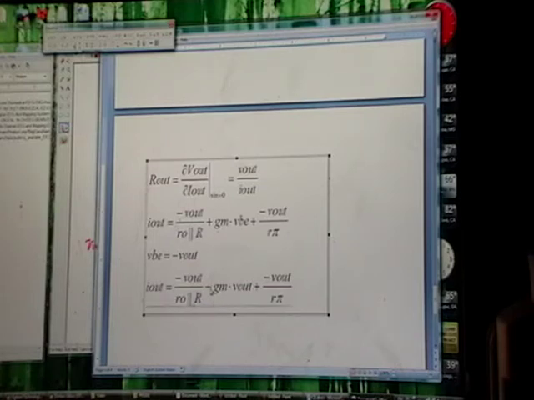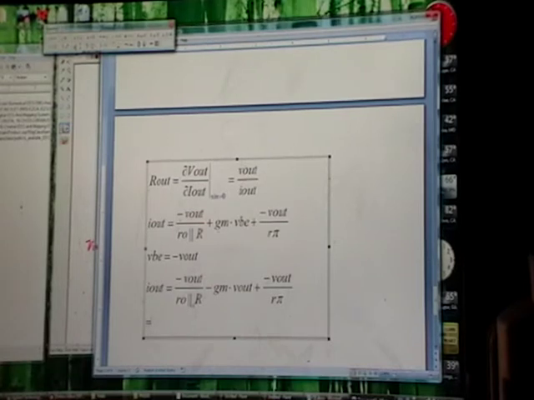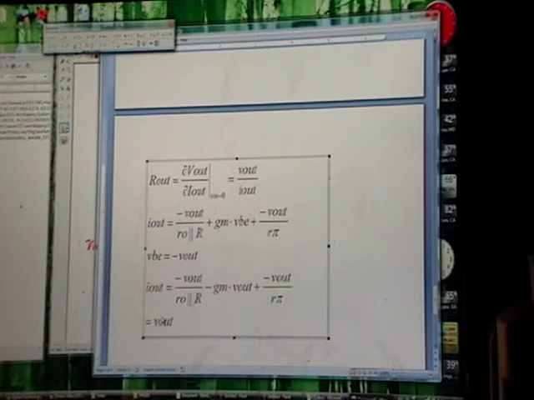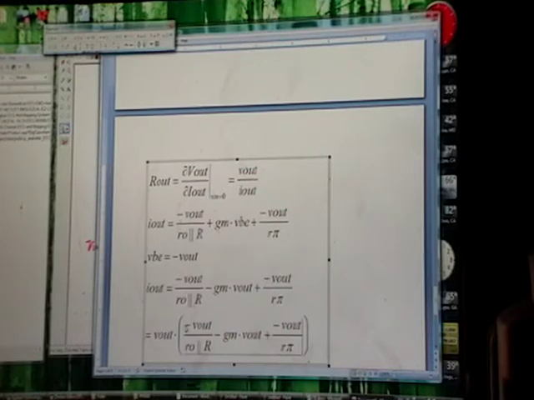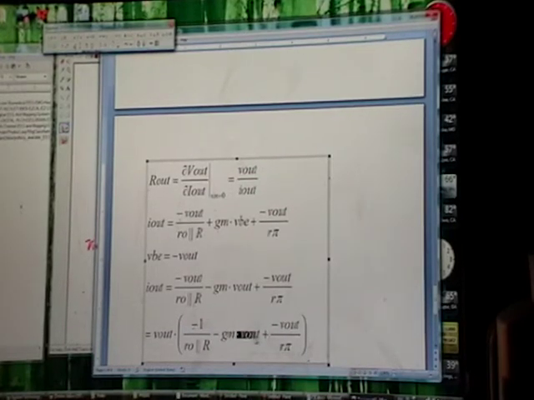So what we're going to do is factor out V out from that side. So we have V out times, okay, let's take this whole thing, V out times, we factored a V out of the first term, the second term, and the third term, and that's what we get.